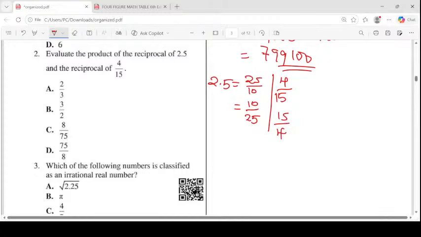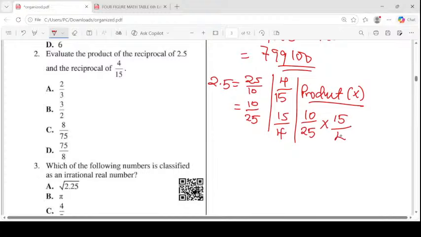Then the term here is product. When you hear the term product, it simply means you multiply. So here we are going to take the product of the reciprocals. So it will be 10 over 25 multiplied by 15 over 4.